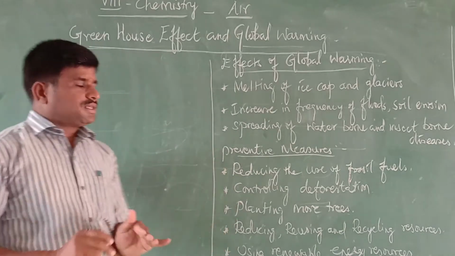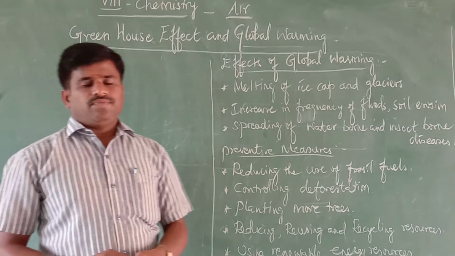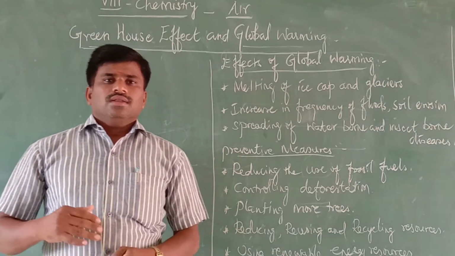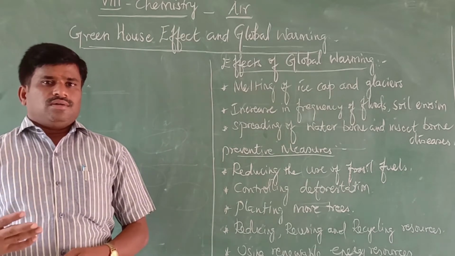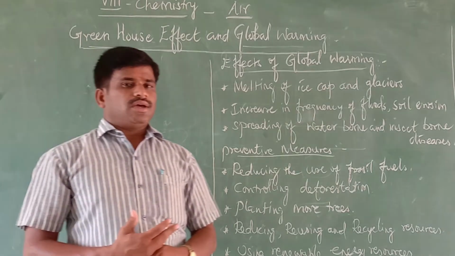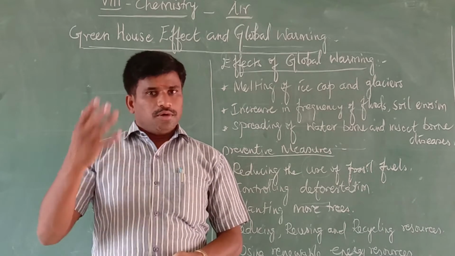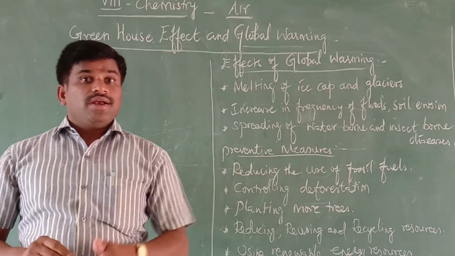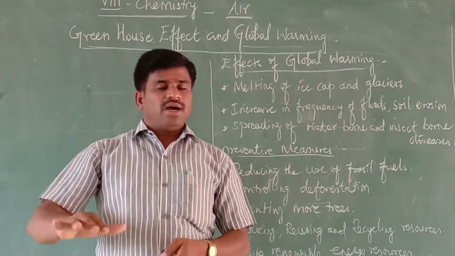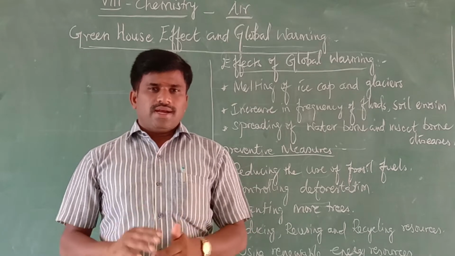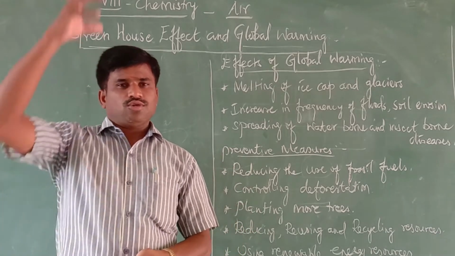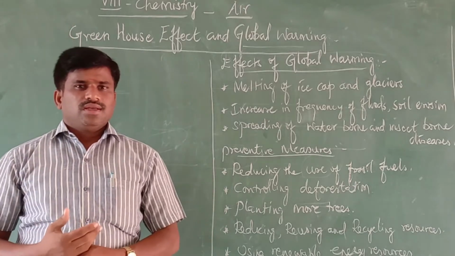First, you should understand what the greenhouse effect is. For understanding the greenhouse effect, you know that solar radiation is absorbed by the surface of land and ocean. Solar radiation is sunlight.